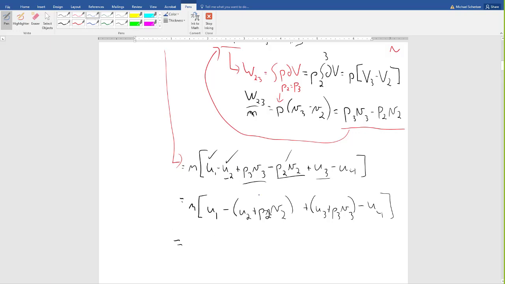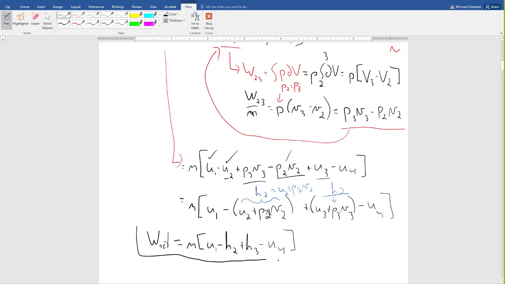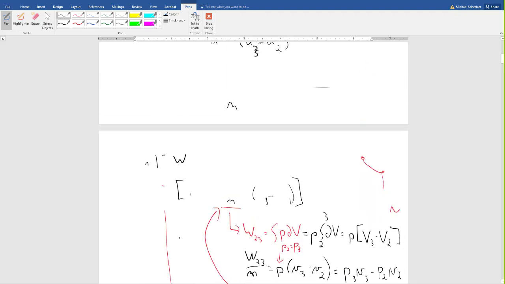But I remember that this is H2. Our definition of enthalpy is equal to U2 plus P2 V2. And this is H3 here. So now this is going to be M times U1 minus H2 plus H3 minus U4. So that's my net work term.